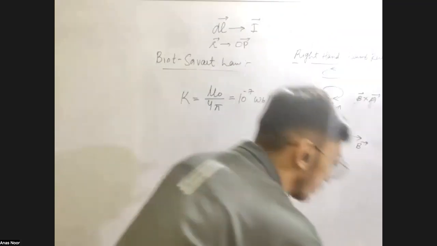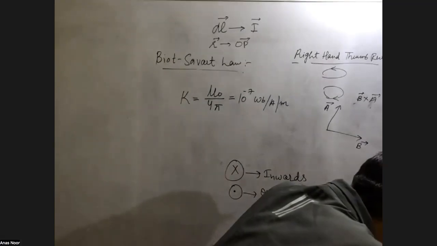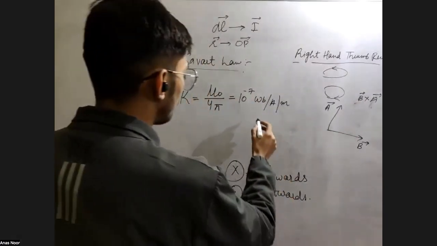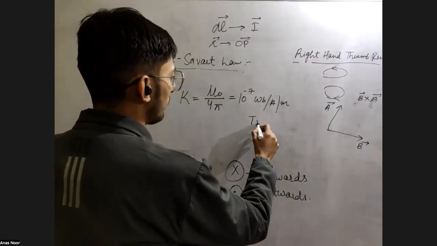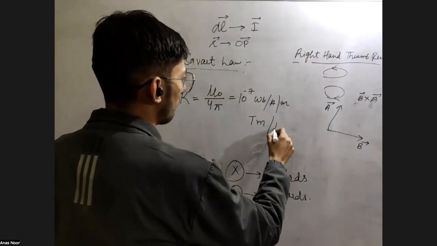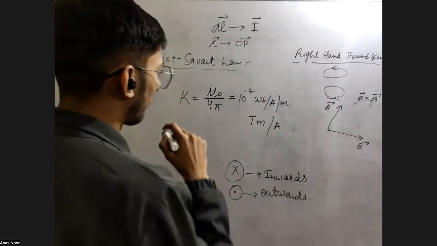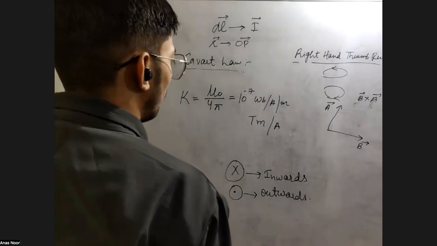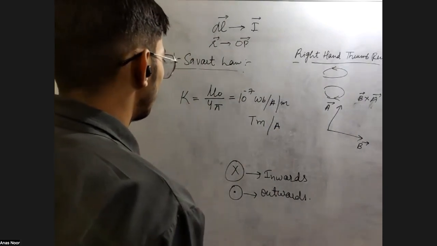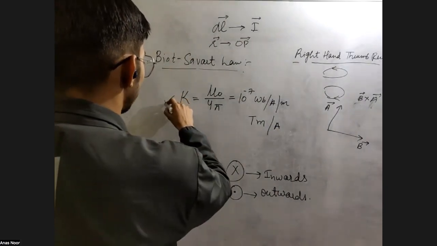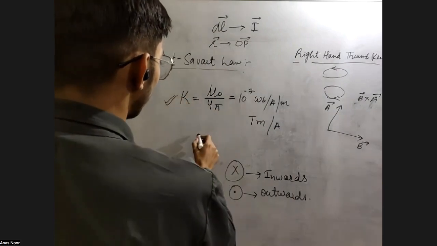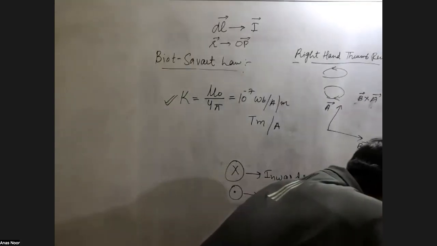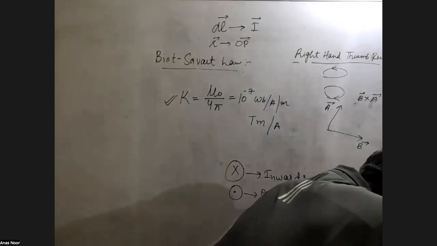This is the SI unit. It is also called Tesla meter per ampere. So you should write this as well.